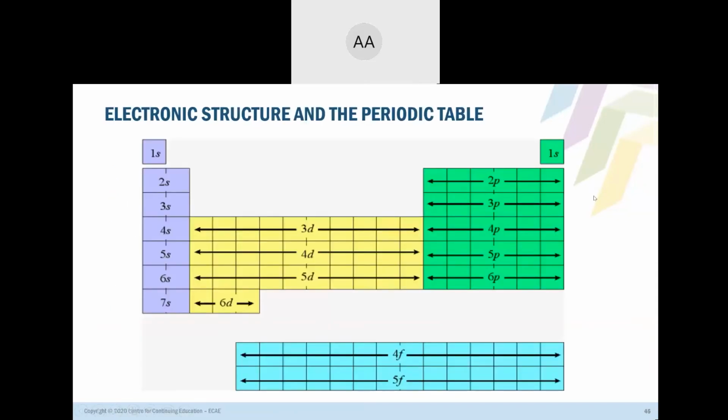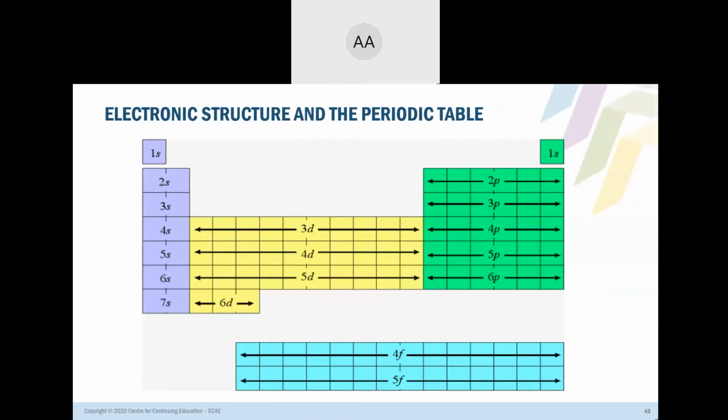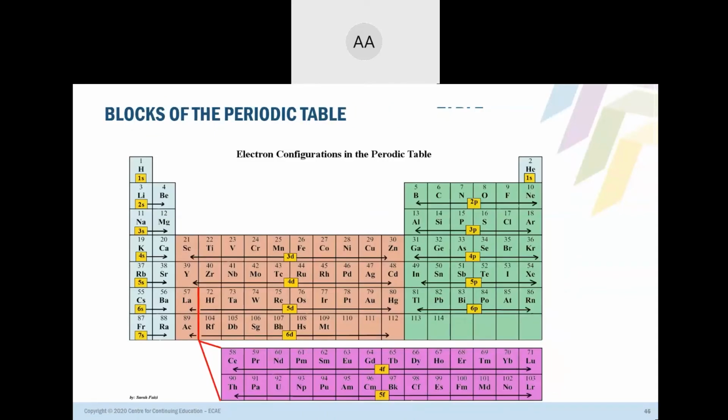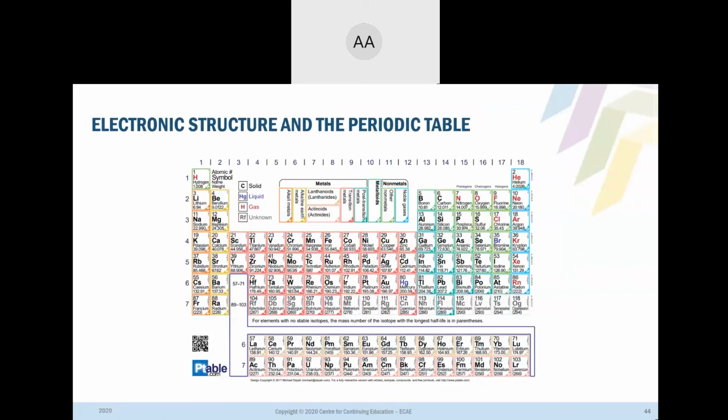So let's dig a little deeper into electronic structure and the periodic table. What do we know about it? We've talked about today already atomic mass, the number of electrons, and the subatomic particles that we find.